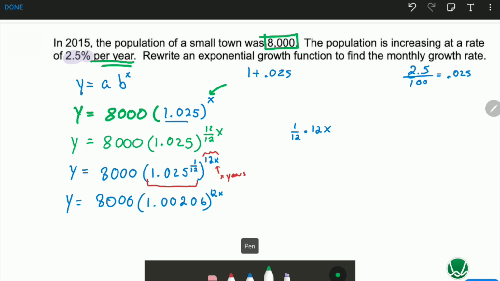So this would be the equation that has it converted into a monthly growth factor.